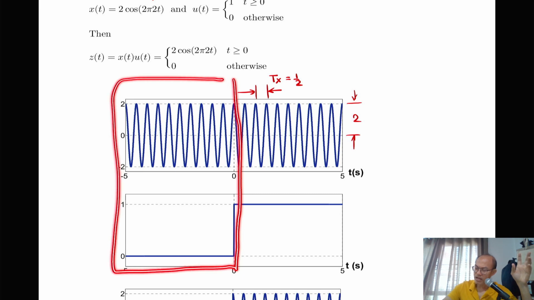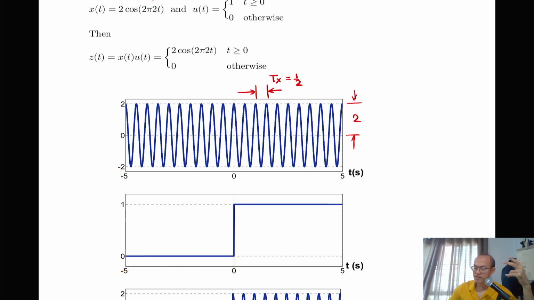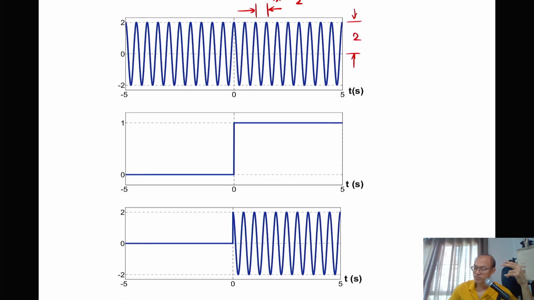Okay. Now, in this subinterval, u is 0, so you don't have to think about it, because everything multiplied by 0 will become 0. Okay, 0 multiplied by anything becomes 0. So here, when time is less than 0, you get 0. That's because u is 0.